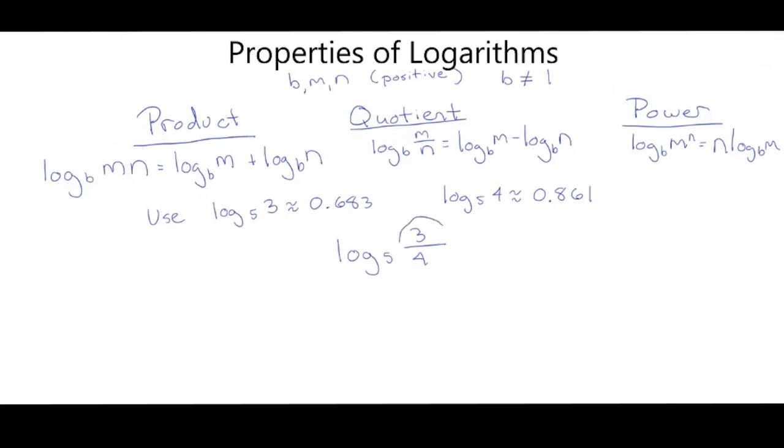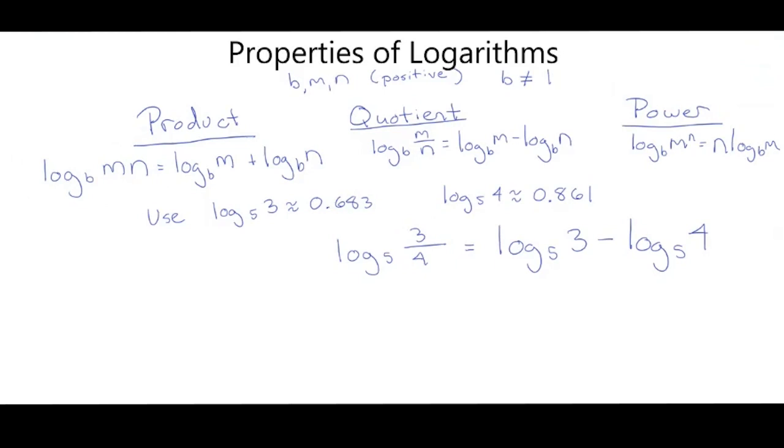Well, I notice that there is a division problem here, so I'm going to see that it is a quotient. So we are going to use the quotient property of logarithms. So this is going to equal log base 5 of 3 minus log base 5 of 4.